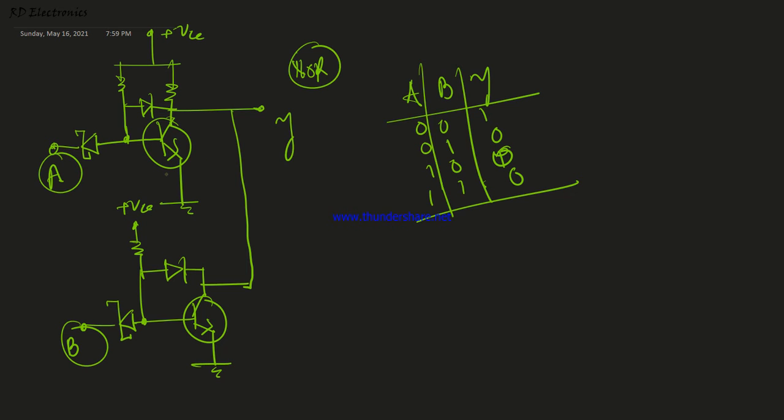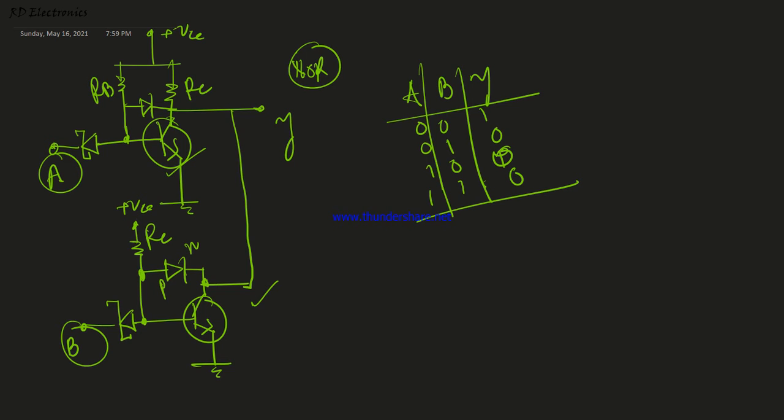These two inputs go to transistor 1, the NOT gate, and this is the transistor based stage. This is RC connected to plus VCC, and here this is RC, RB. We just connected the RC and the diode from the collector to the transistor collector point. So this is the P side and this is the N side.